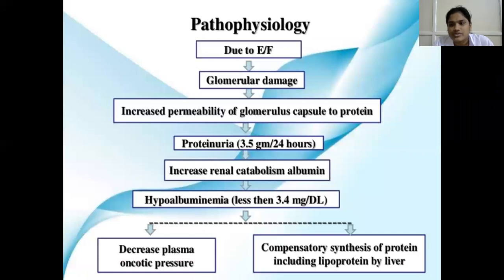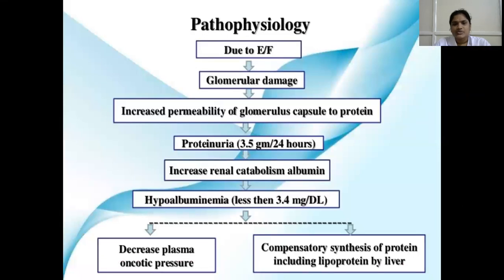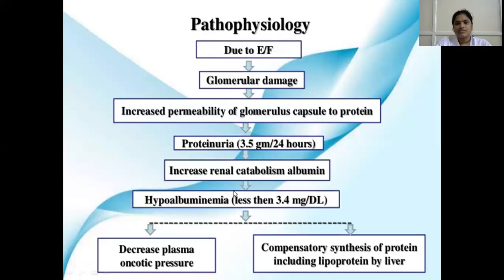So this is the pathophysiology of nephrotic syndrome. Due to etiological factors, which we'll discuss later, glomerular damage will occur and increased permeability of the glomerular capillary to protein. That leads to proteinuria, increased renal catabolism of albumin, so hypoalbuminemia is seen.